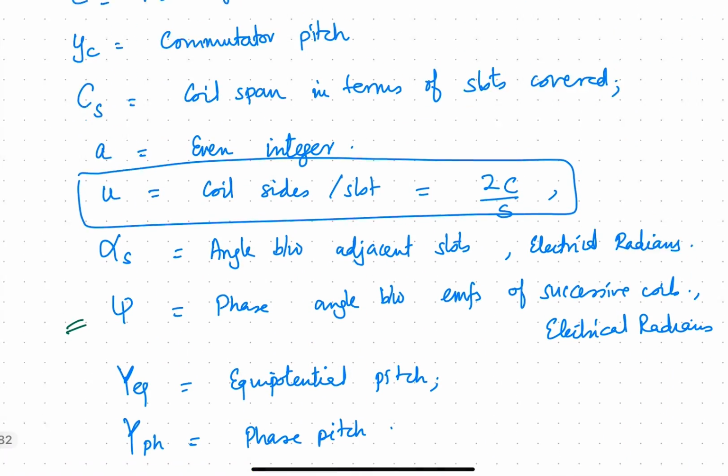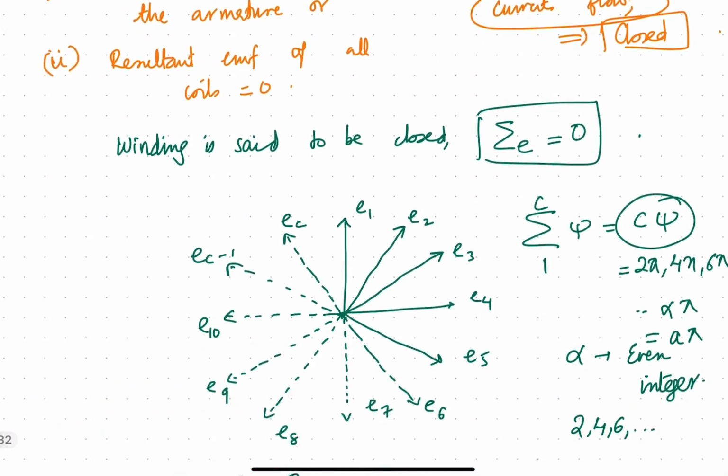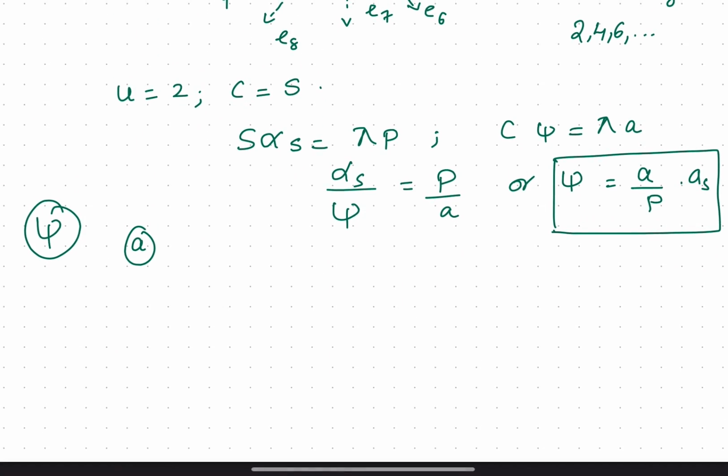Alpha is an even integer. So even integer alpha, P is the number of poles, and alpha S is the angle between the successive slots. So this equation gives you the relation for a closed winding.